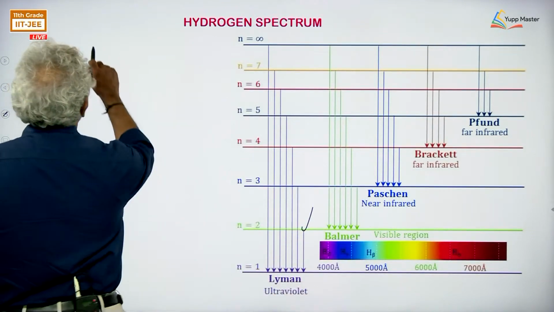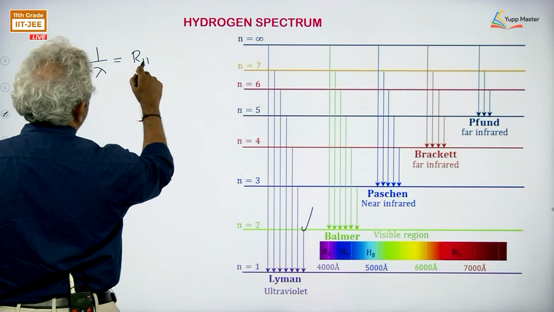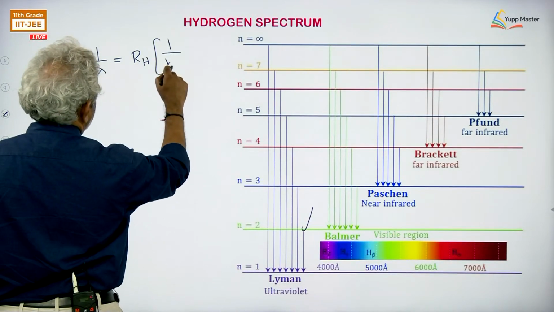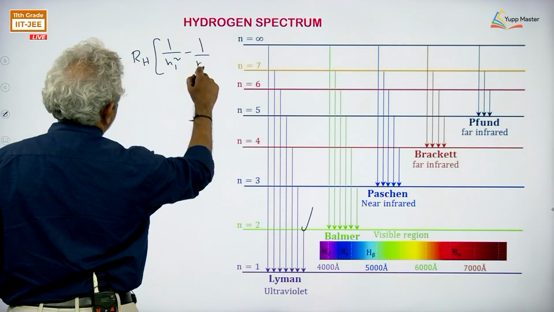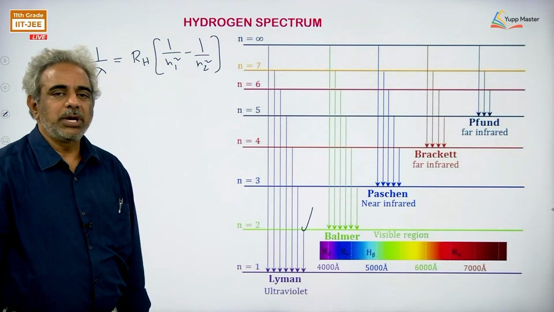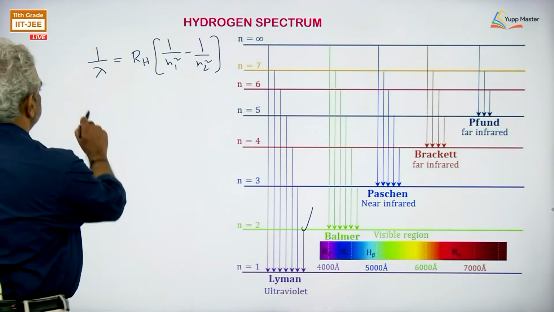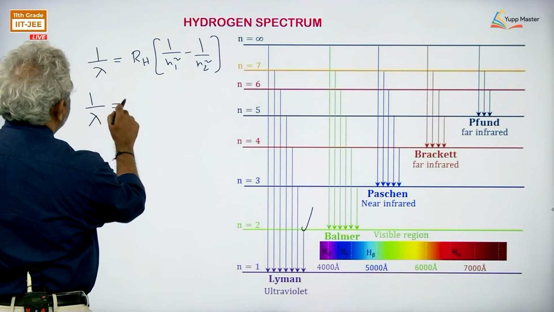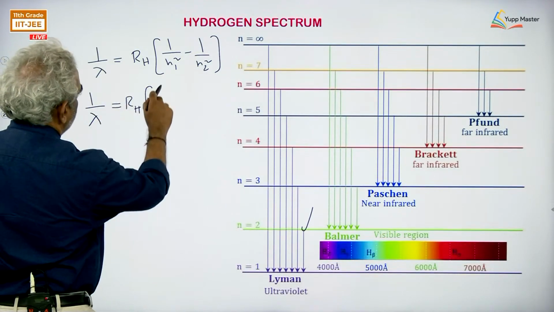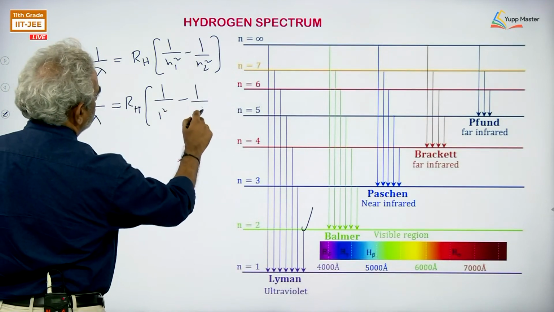So we have 1 by lambda is RH into 1 by n1 square minus 1 by n2 square. This is the best equation available to calculate the wavelength. So 1 by lambda is RH into 1 by 1 square minus 1 by 2 square.